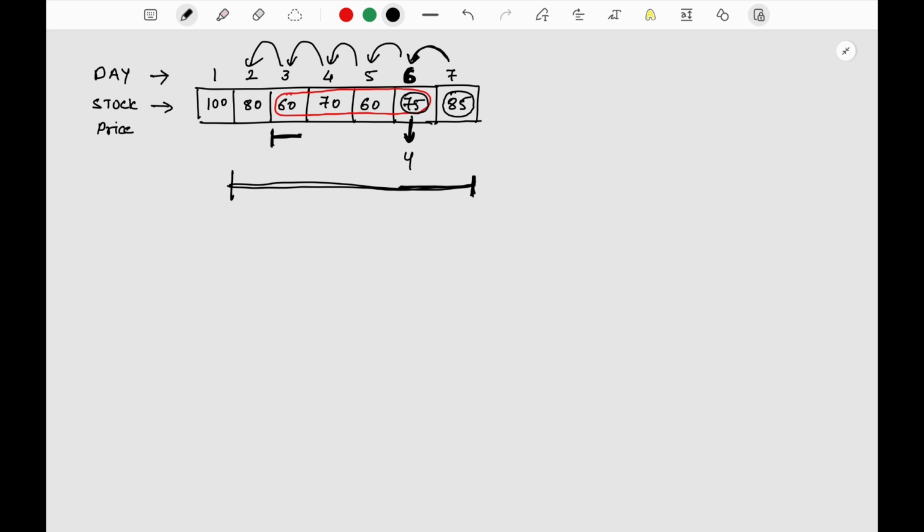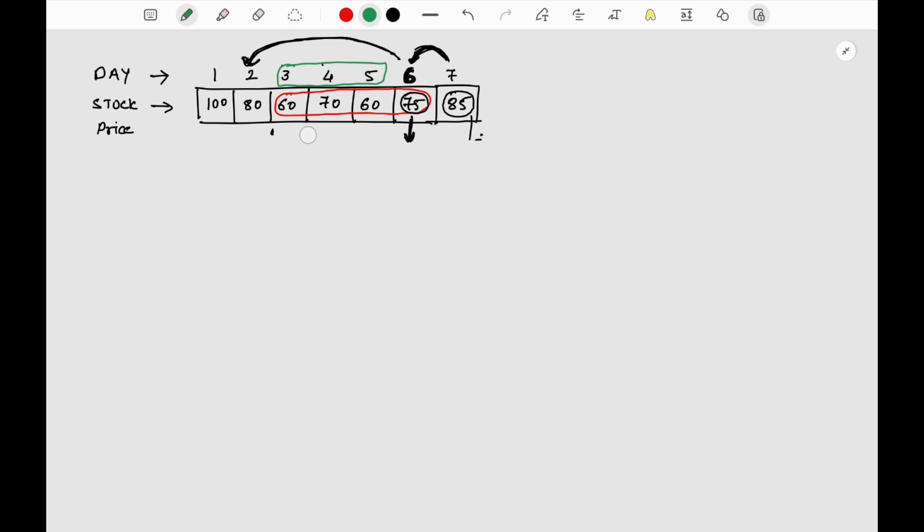So we should only compare day 7 and 6, and we should include this value 4 in the span of 85 directly. And then we should compare with the value at day number 2. So here what we did, we saved 3 comparisons, right? This is the optimization which will help us, and we will be solving this algorithm using a stack.